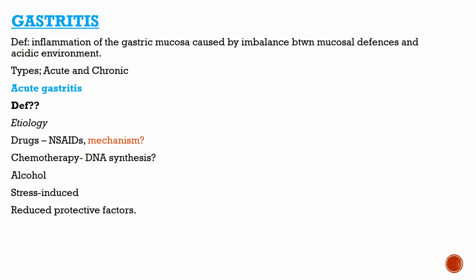Plus, after the direct injury to the cells, there will be no replication. It might take time. Alcohol consumption, that one is straight toxic. It will damage the mucosa. Reduced protective factors: we've talked about the bicarbonate, the blood supply, the mucus and the prostaglandins and everything. The mucus is produced by the foveolar cells.